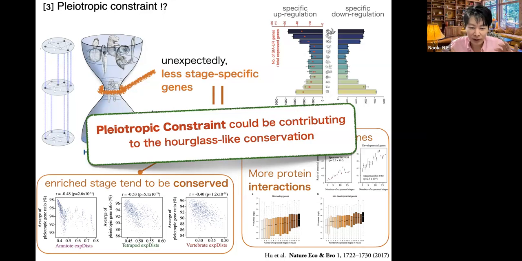So pleiotropic genes here we define as genes that are expressed in more than 50% of the whole sampled stages. So let's say we analyzed 10 developmental stages, and a certain gene was expressed in more than 5 stages. The gene was defined as a pleiotropic gene.